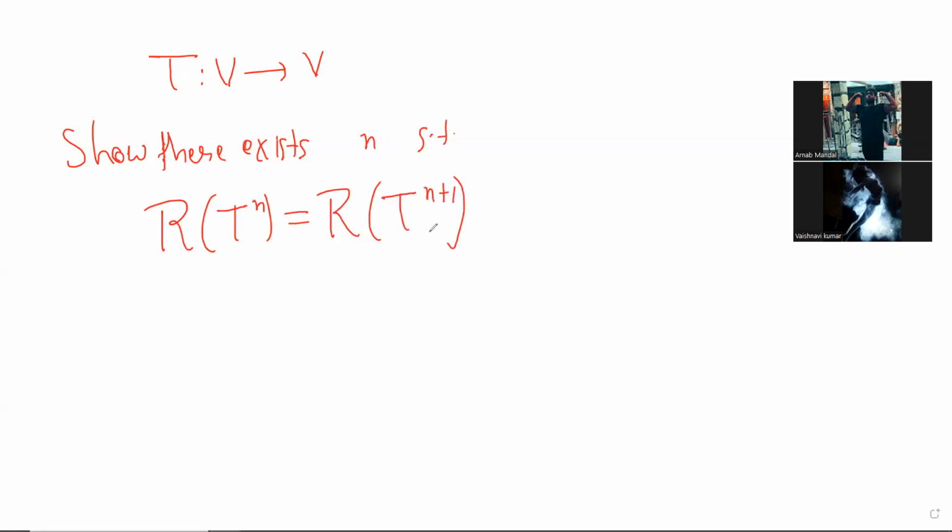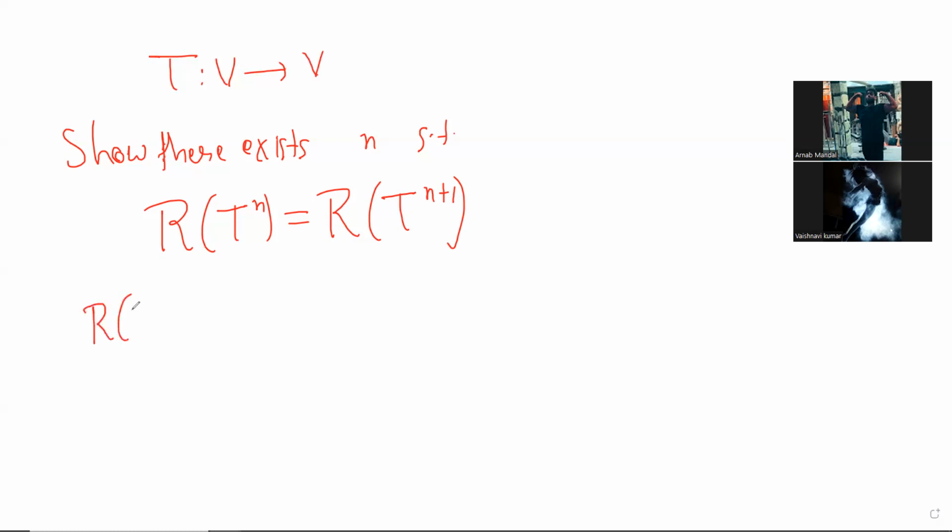Has anyone encountered this kind of thing? You may have seen Jordan canonical form. If you do commutative algebra, you know it's the Artinian condition, but in basic linear algebra, what this is saying is very interesting.